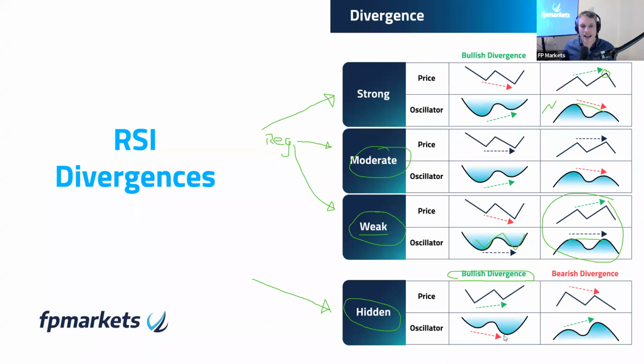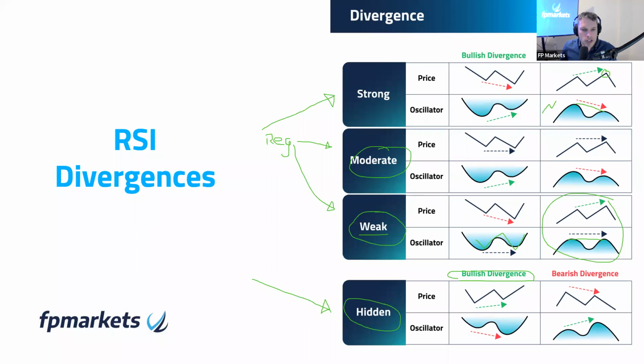Really quickly, the bearish divergence is very similar. Price makes a lower high, but the indicator actually makes a higher high. So we've swapped over here. The price is almost leading the indicator, to a point.